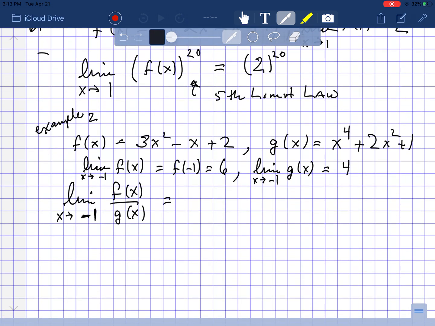Our third limit law tells us that this limit is equal to 6 divided by 4. Okay, and this is our third limit law that I'm applying. And we can apply this because we know that the value of the limit in the denominator is not equal to 0. Okay.